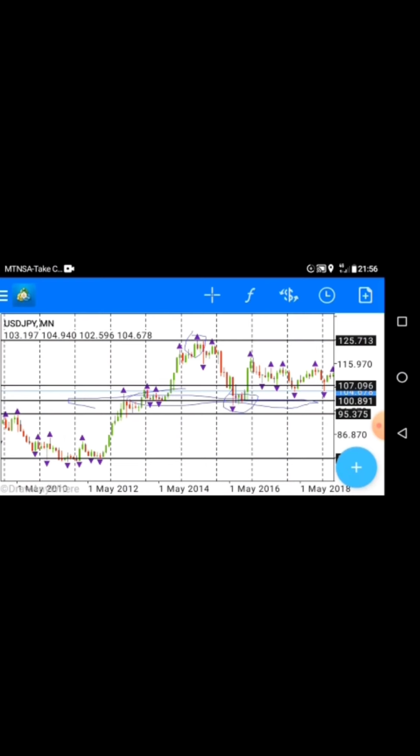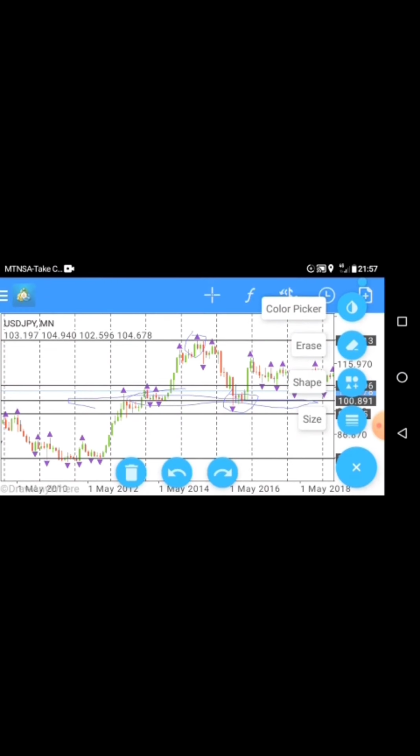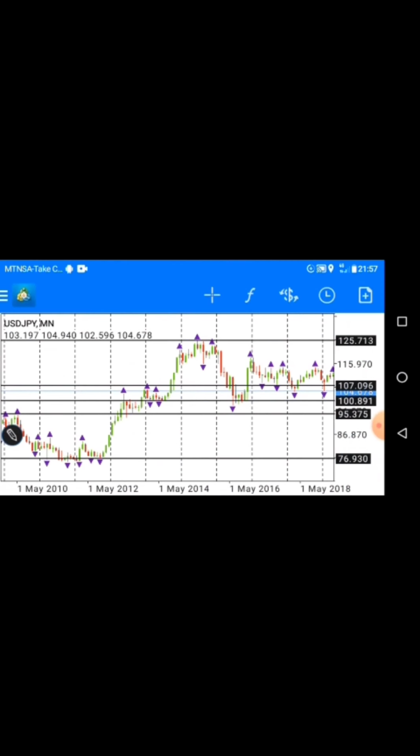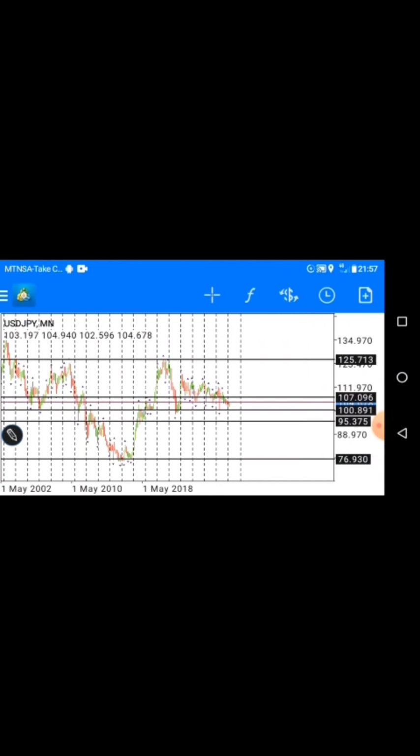There are different reversal candlesticks, so you wait for those kinds of candles to happen, and when it happens, it has to happen on your retracement level. It can be a retracement level of 50, it can be 61.8, or it can be 38.2. But the fact is it has to be on your retracement level.